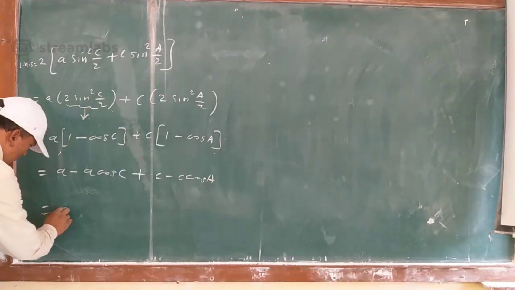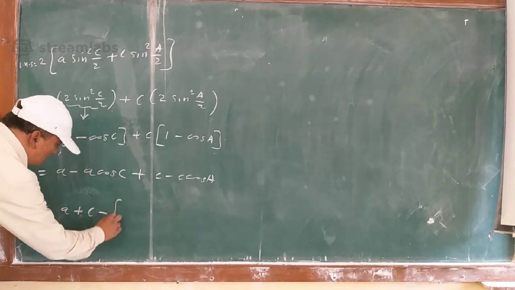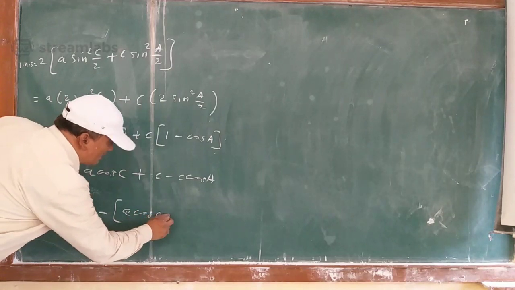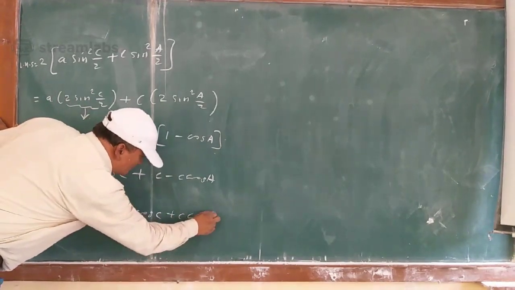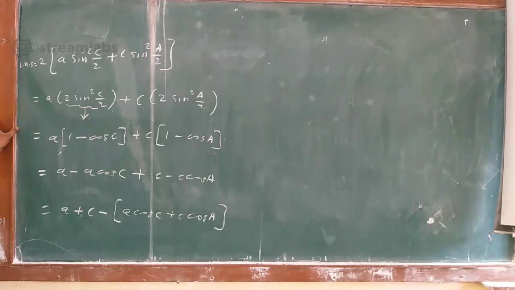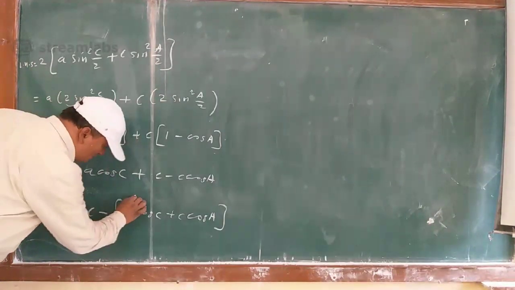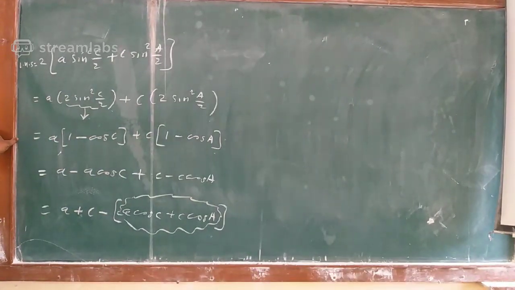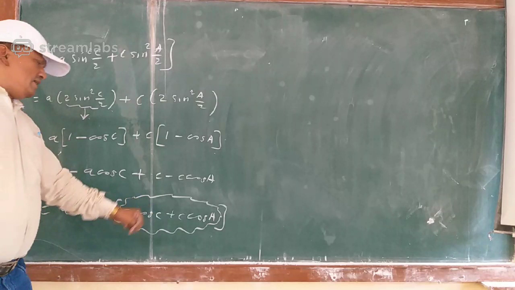Again, A plus C, minus sign if we take common, A cos C plus C cos A. But by the projection formula, this part is nothing but B, since A and C are there.